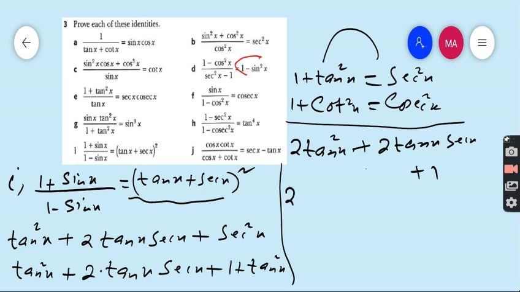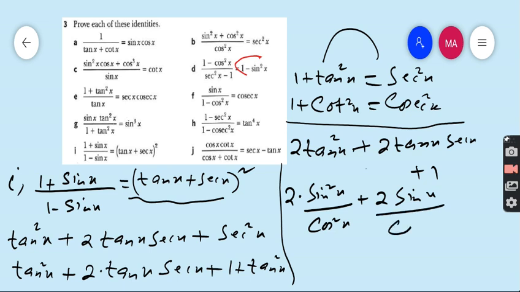This tan square x can be written as sin square x upon cos square x, and this tan x can be written as sin x upon cos x into this sec x can be written 1 upon cos x, and this plus 1 remains plus 1.